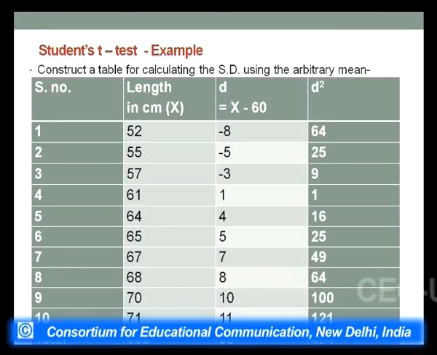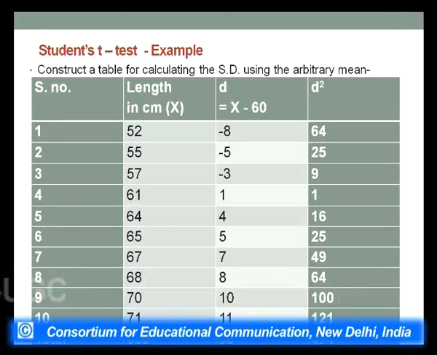So that is what we call D. D means difference from the assumed average of length from the original data, and then we add it up, and you will see from this slide that 30 is the total, because minus will be reduced from plus. So ultimately we are left with 30. After that, because there is minus, minus, plus, to remove all this we have squared it. Minus 8 multiplied by minus 8 becomes 64.